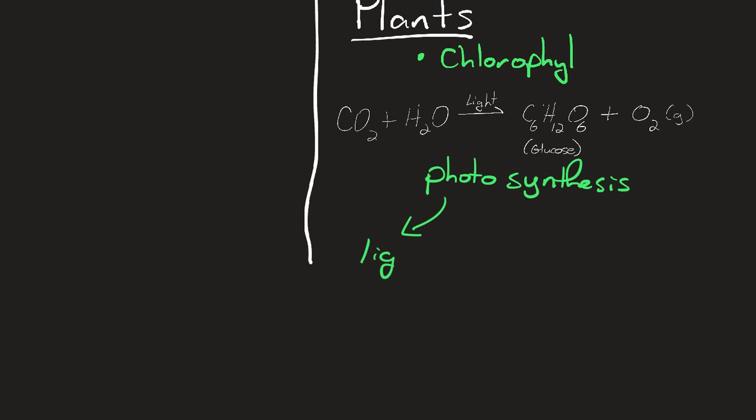So it's light. Photo means light, and synthesis means to make. A photograph is, graph means to draw. Graphic arts is drawing arts, right? So graph means drawing, and photo means light.